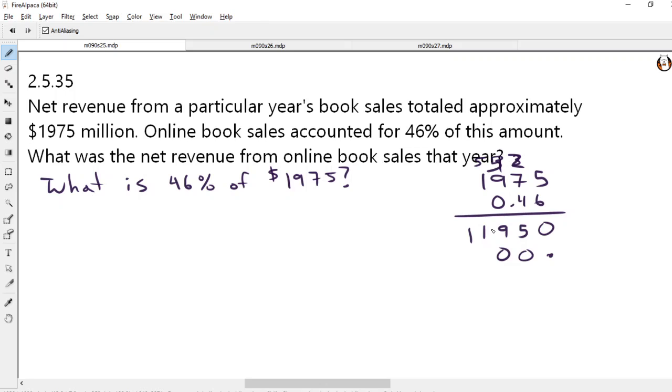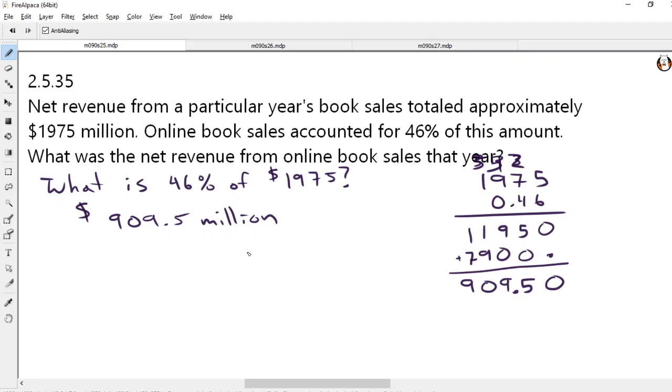That's 36, 39, 7. Add them up. 0, 5, 9, 10, 9, 2 decimals. $909.5 million.